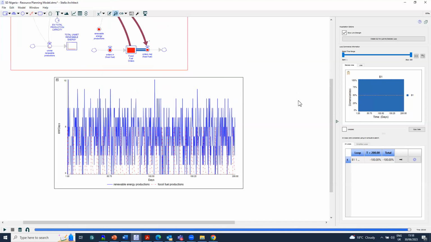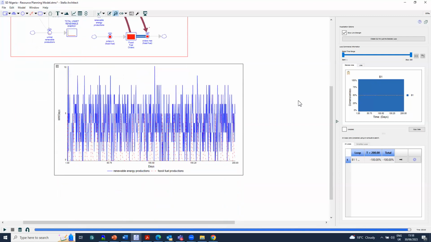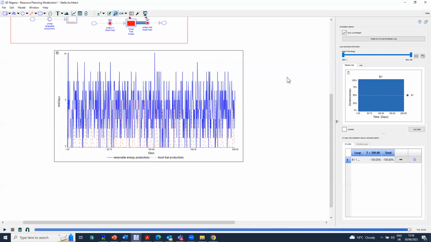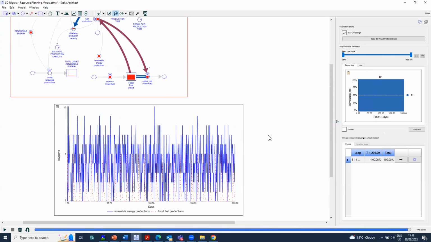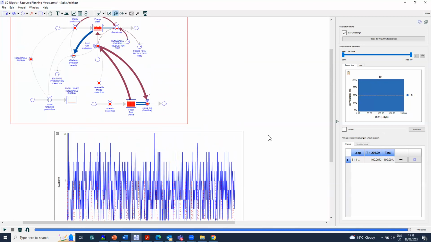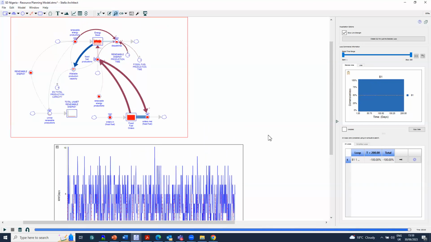The question for all of us is: how do I minimize this? Maybe we consider containment or storage. Yes, that's one of the areas of looking at it.